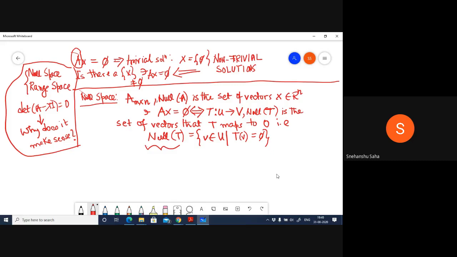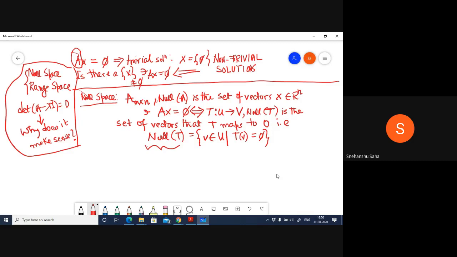Because if you recall, I told you that any vector space always has two subspaces, the vector space itself and the 0. These are not the subspaces we are interested in. We are interested in non-trivial subspaces, and for that we need a non-trivial subset.